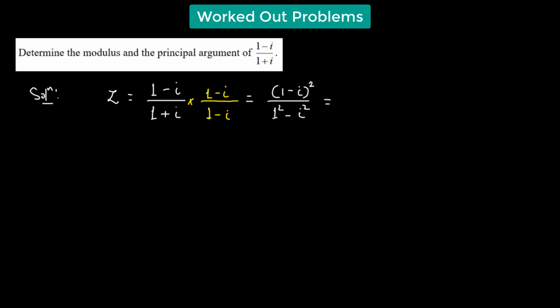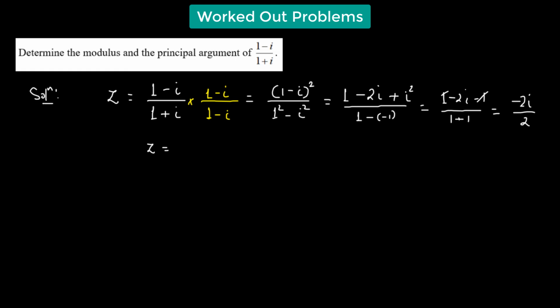Let's expand the numerator, and that will give us 1 minus 2i plus i squared divided by 1 minus of minus 1, which is equal to 1 minus 2i minus 1 divided by 1 plus 1. So the 1 and negative 1 cancel out, and we have negative 2i in the numerator divided by 2. That gives us z equal to negative i.